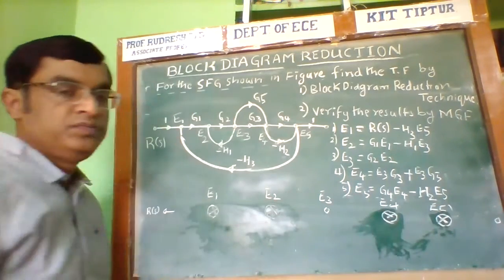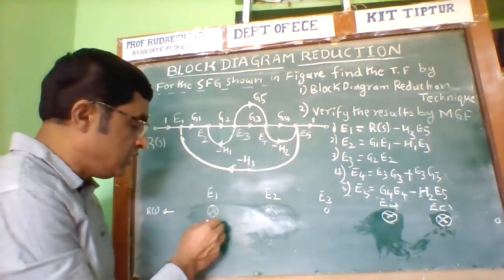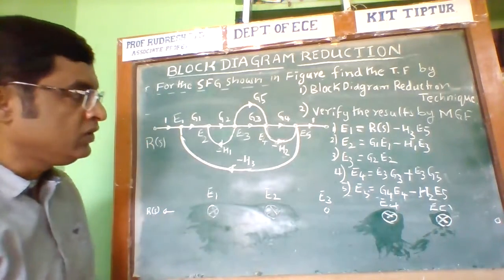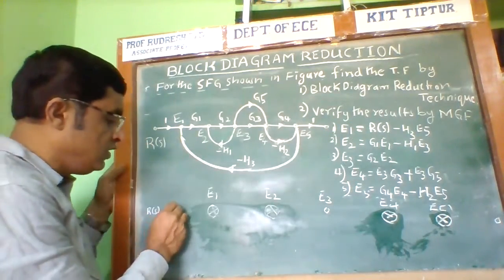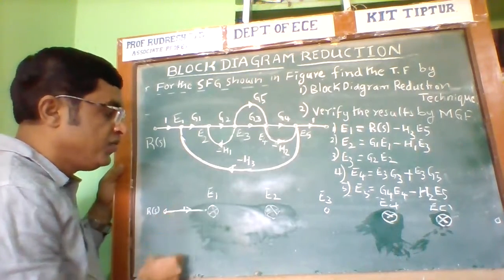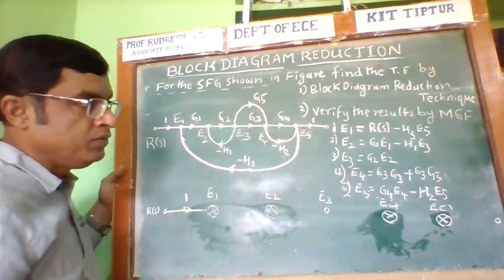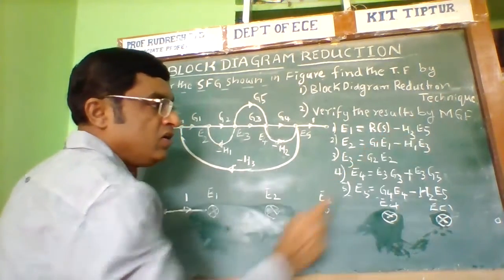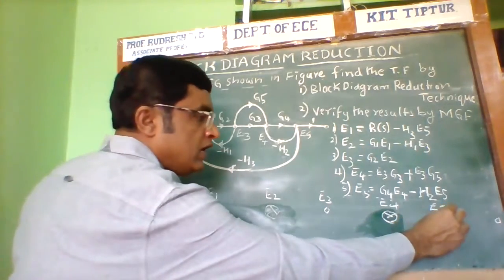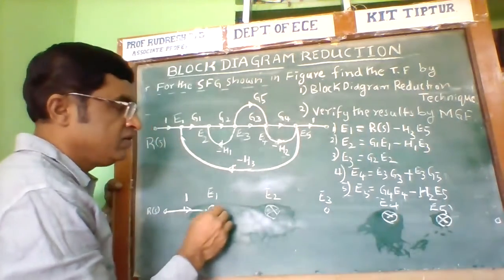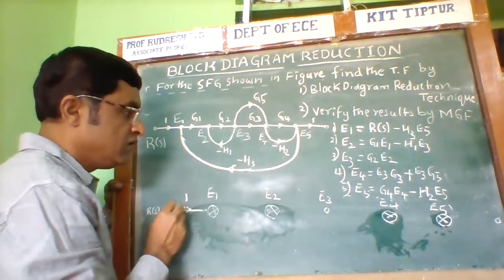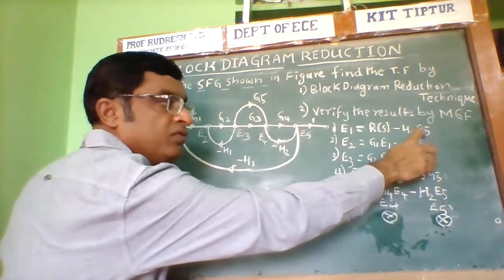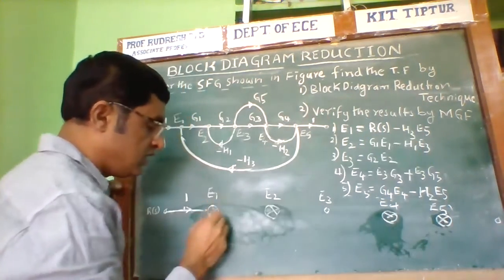So now, what is the E1 signal? It is equal to R of S into 1, minus H3 into E5. Now write the signal: another incoming signal for the node E1 is from the node E5, node E5 into minus H3.